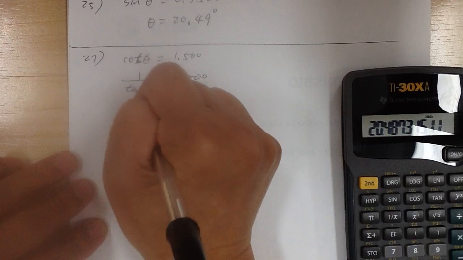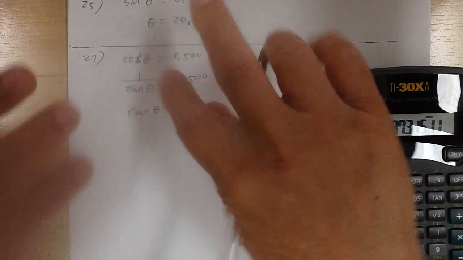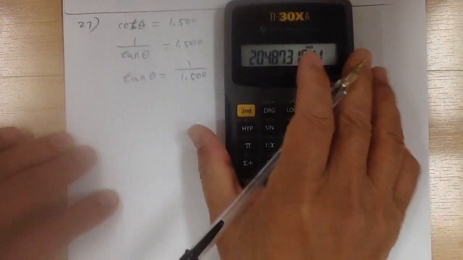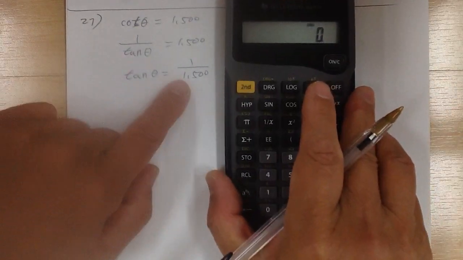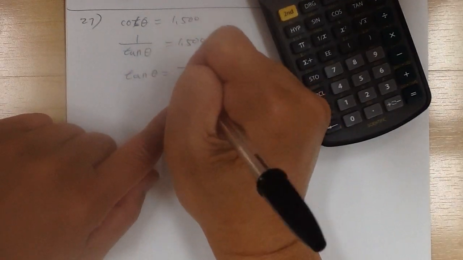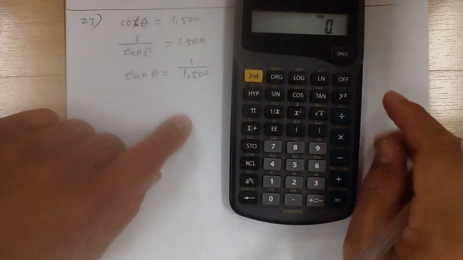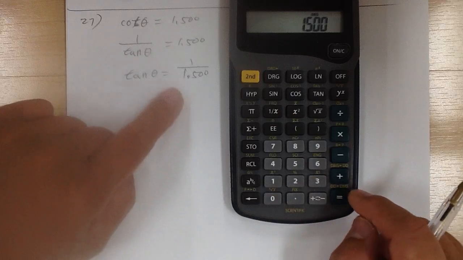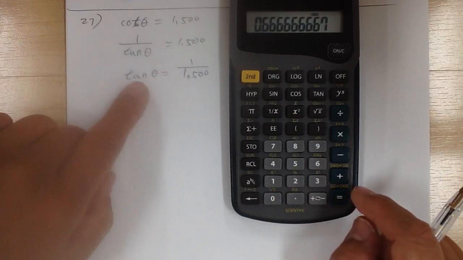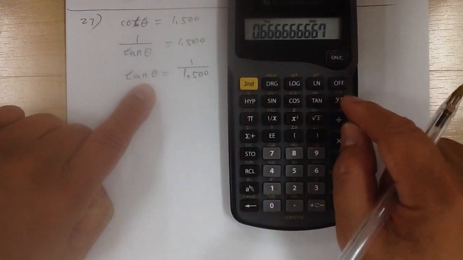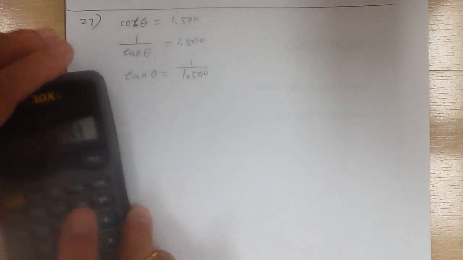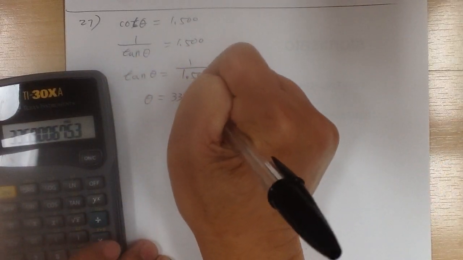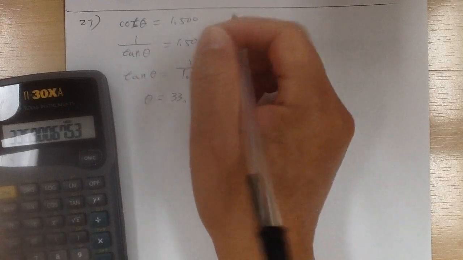So tangent theta equal to, flip both sides upside down, 1 over 1.500. So in this one, you need to use 1 divided by 1.500, push equal, then you go second tangent, and this will give you 33.69 degrees.